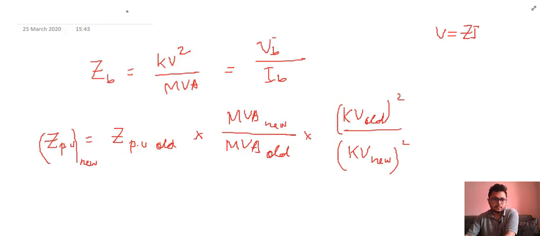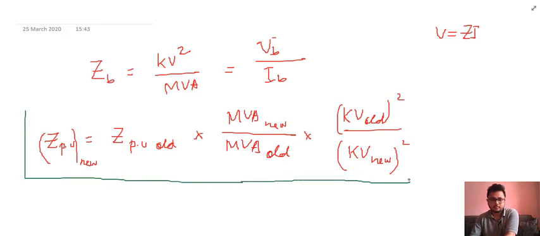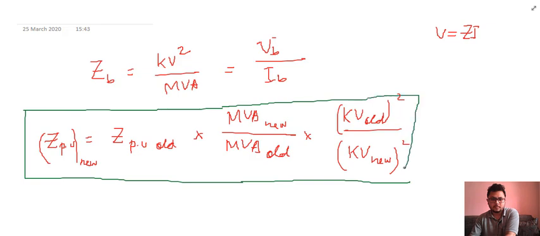This is a very important formula of the per unit system, because many times we will be using it. So try to remember this formula.